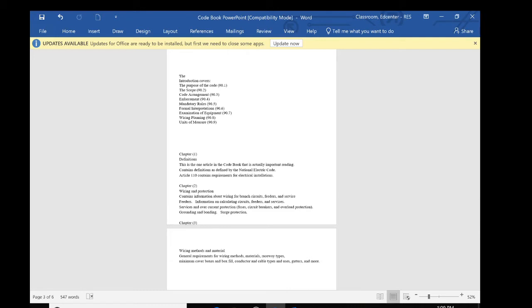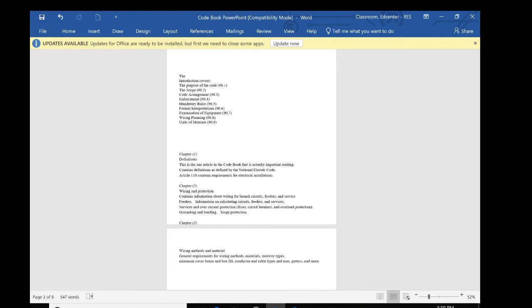So they're telling you the code's a minimum. If you build it per this code, it will be safe, and that's the main purpose of this code. Now, whether it'll work or not, maybe, maybe not. You have to know what your loads are and make sure that whatever you're building and whatever you're putting in there will actually carry the load.